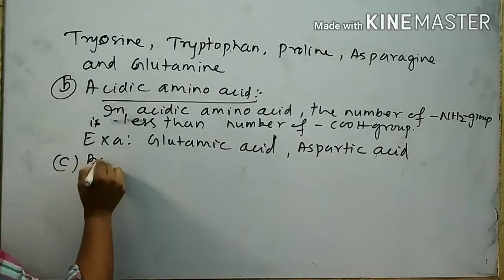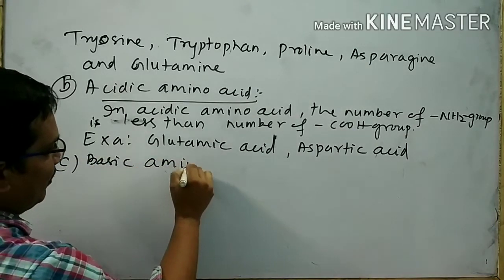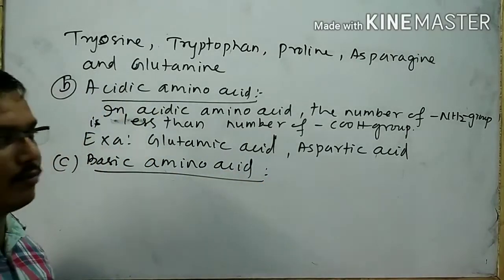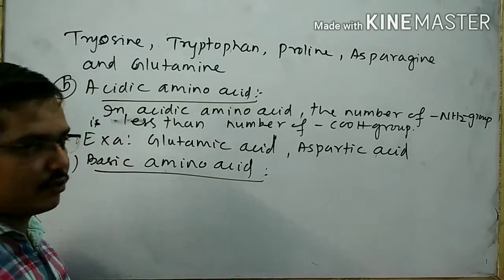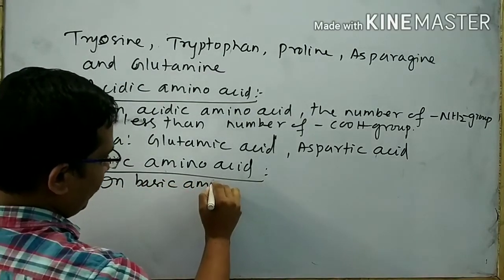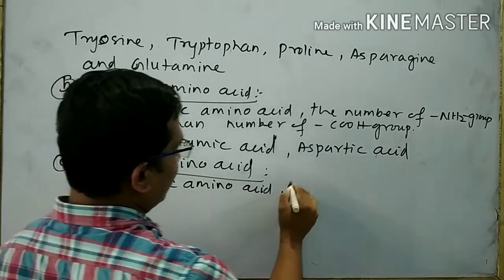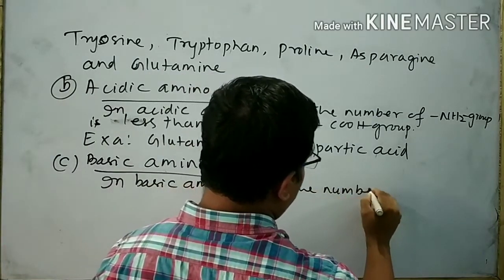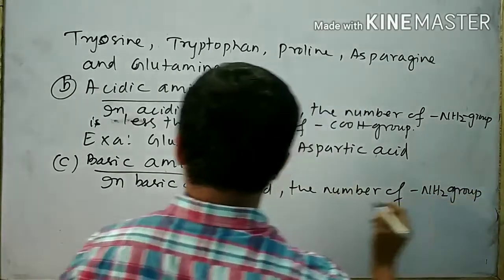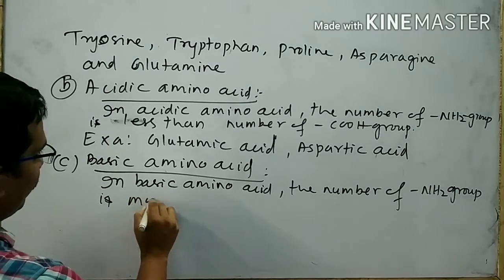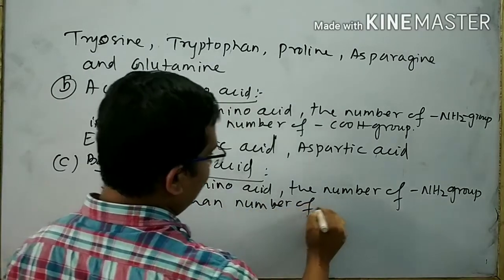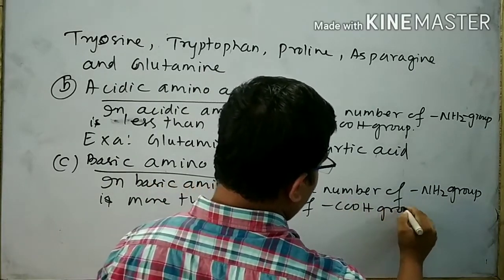Next I will discuss the basic amino acid. In basic amino acid, the number of NH2 groups is more than the number of COOH groups. So we can write in basic amino acid, the number of NH2 groups is more than the number of COOH groups.